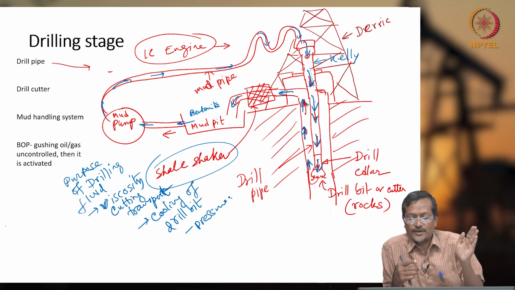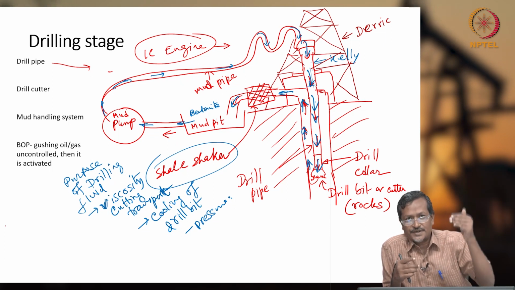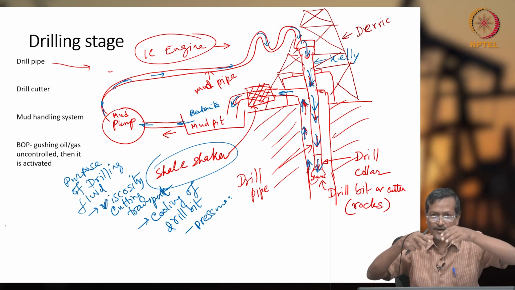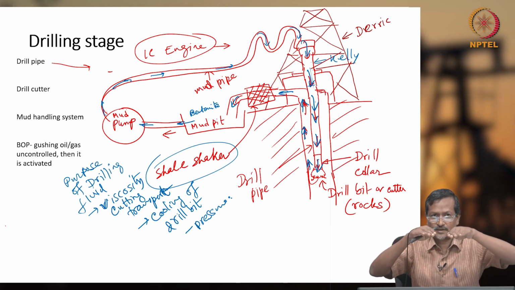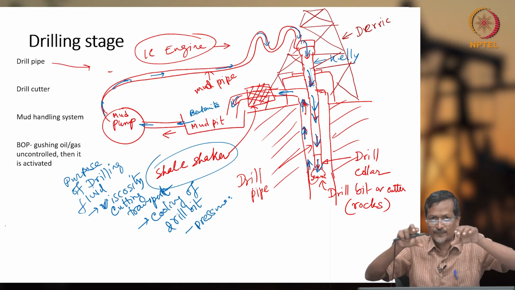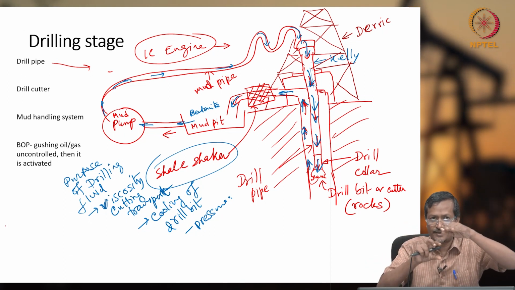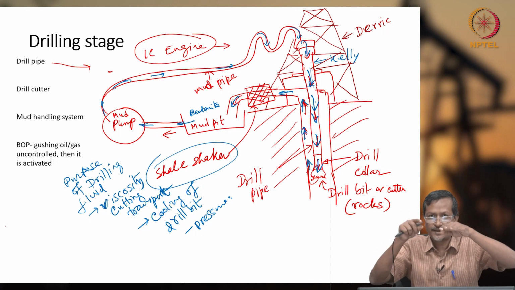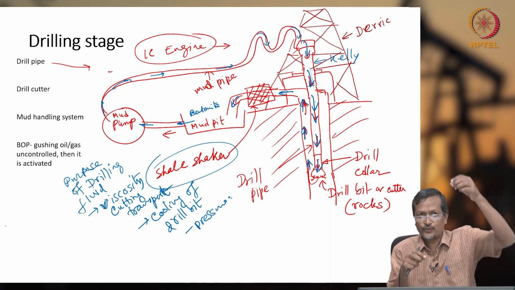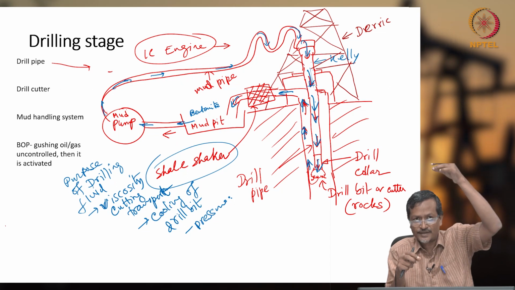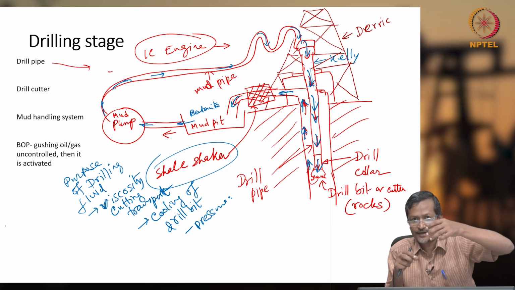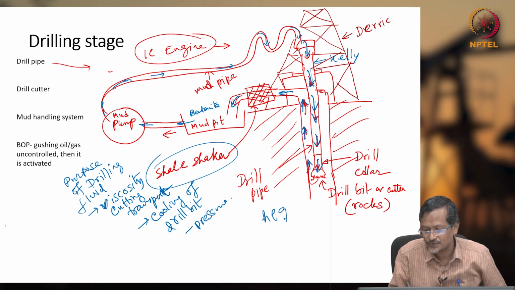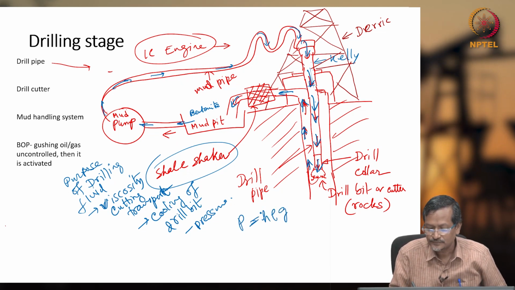To avoid that, drilling mud will have a certain amount of pressure. If there is extra pressure coming because of drilling, once you cut the strong rock and reach a high pressure area, fluid will try to enter through your drilled hole. To avoid that, you inject high density drilling fluid and create high H rho G. High density means higher H rho G pressure, right?